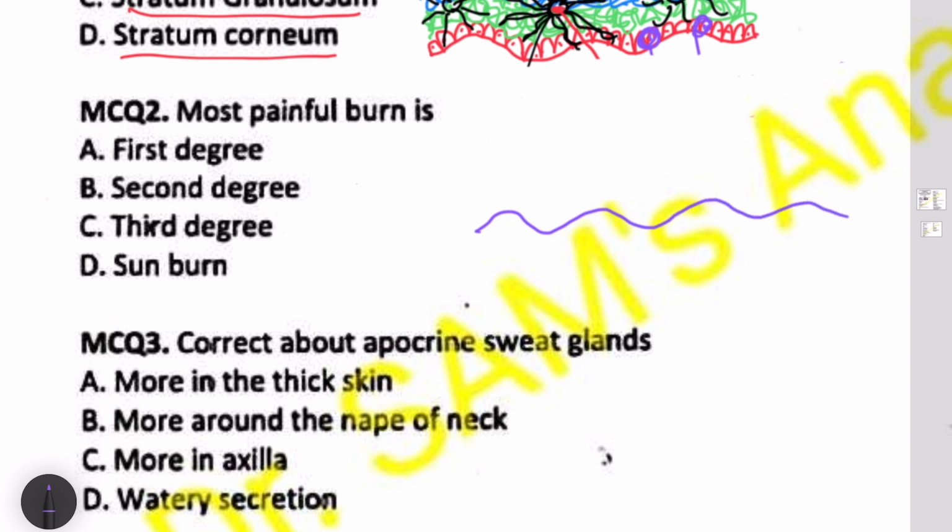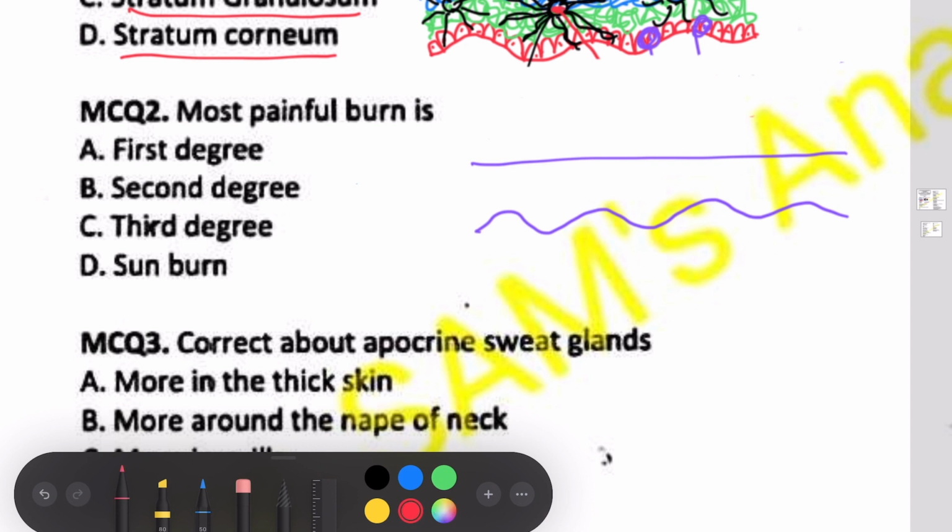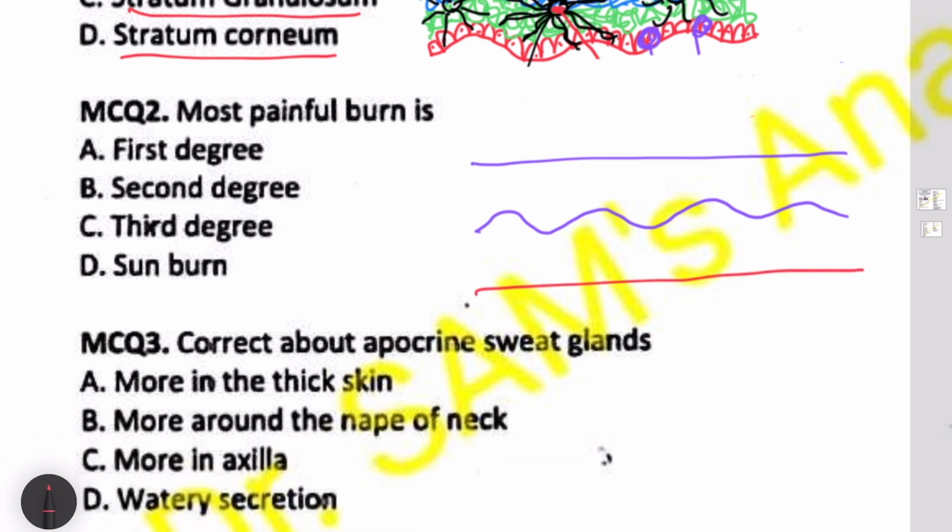Here you find the epidermis above. This is the epidermis. Then you have the dermis, and below that is the hypodermis, right? And of course, this is the superficial fascia.